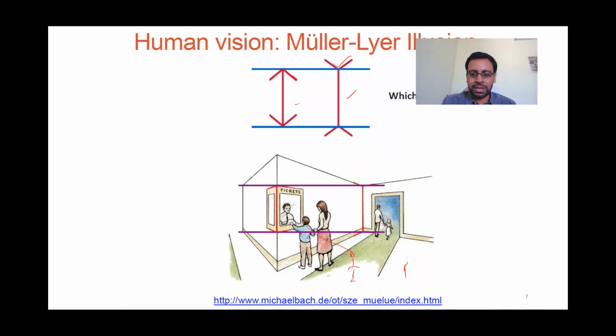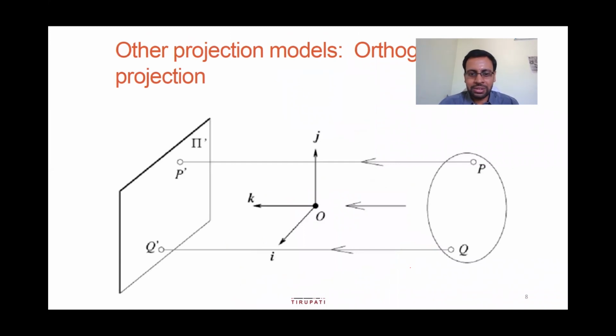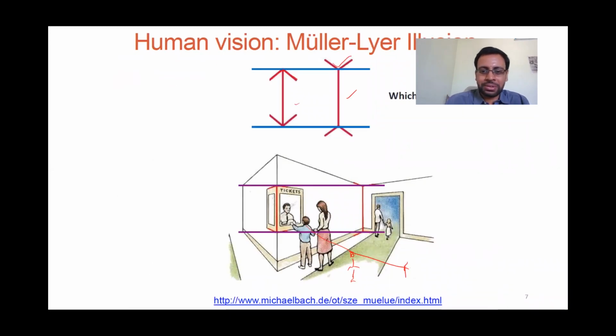Think of it as a 3D cube here. Of course, the walls, these lines, this and this, have to be parallel. Similarly, the ceiling has to be parallel.